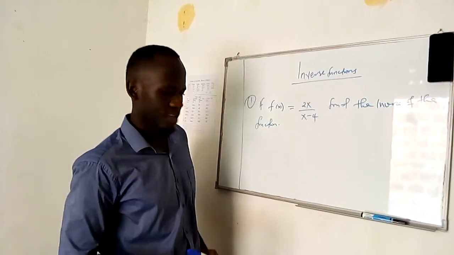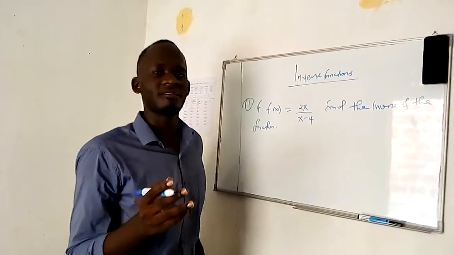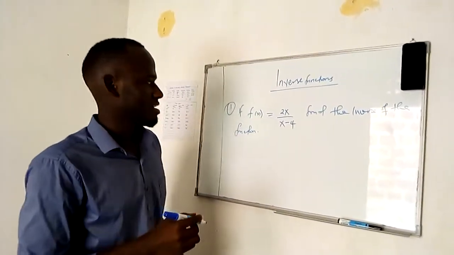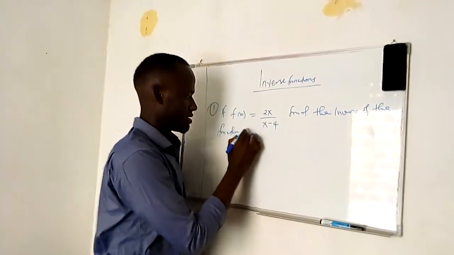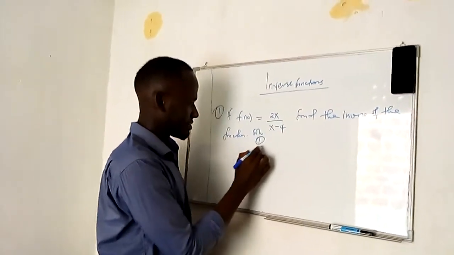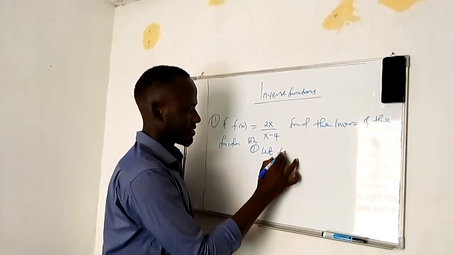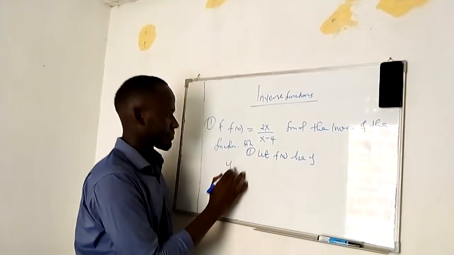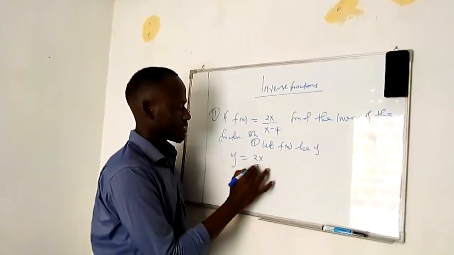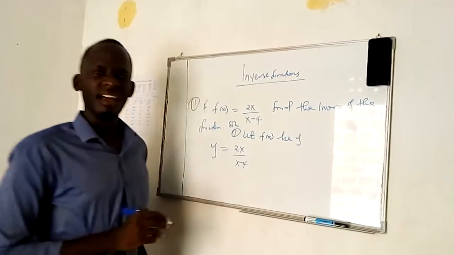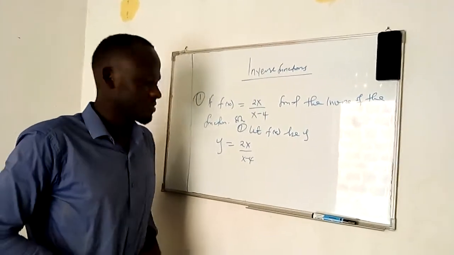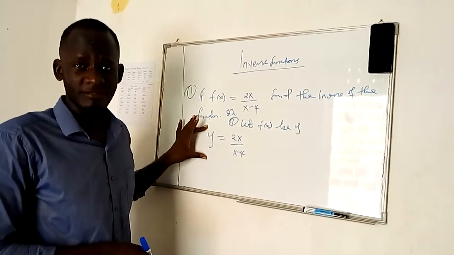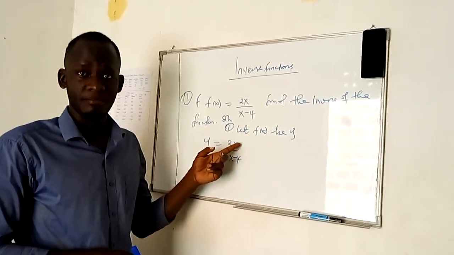This is very easy. There are two methods of finding an inverse function, and one solution. You say let f of x be y, so we say y is equal to 2x over x minus 4. But as you all know, according to variables, this is a dependent variable and this is an independent one.